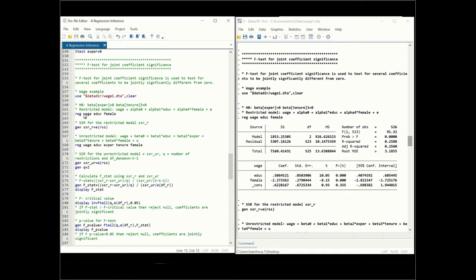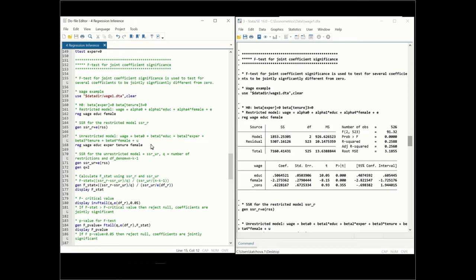Here the null hypothesis would restrict both of these coefficients on experience and tenure to equal 0. Here we have the restricted model, where experience and tenure are not included, and this is the unrestricted model, where we have experience and tenure and all the independent variables included.